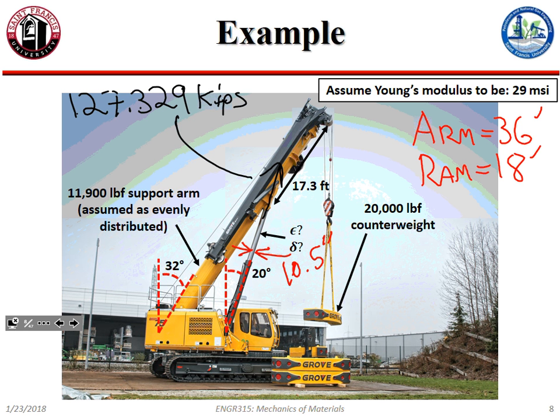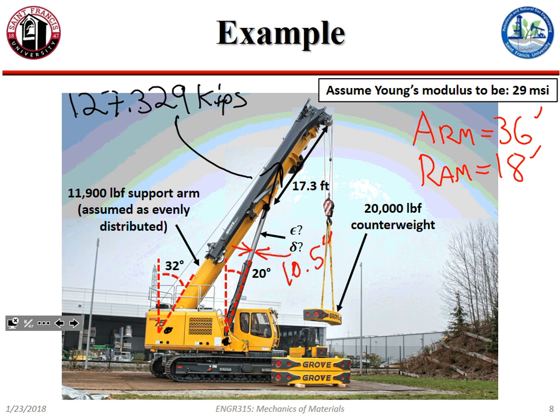And we don't have to go through too much more, right? Because we know that this ram is pinned. So everything here is a pin joint. It's pinned top and bottom, so it's a two-force member.